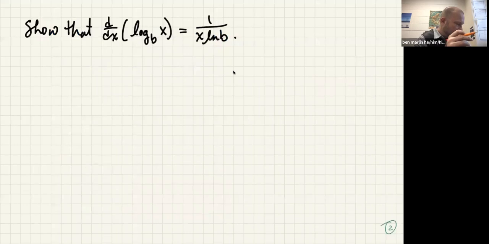So with that in mind, we're going to now go ahead and show that the derivative of any logarithm has a relatively nice formula, okay?